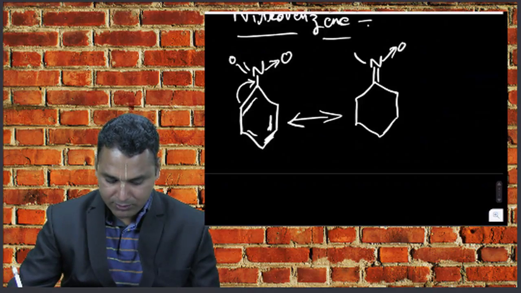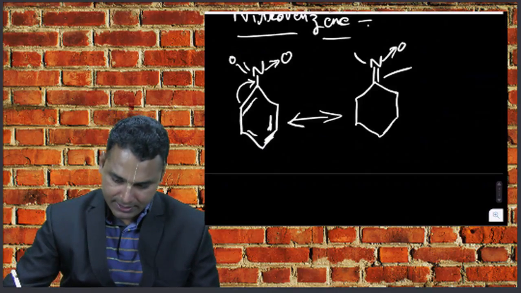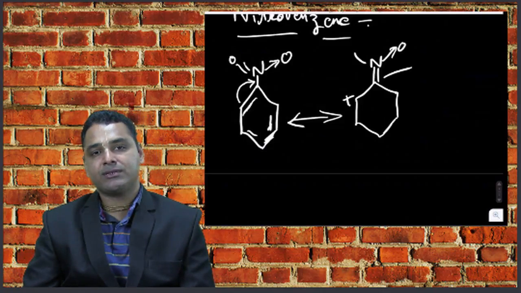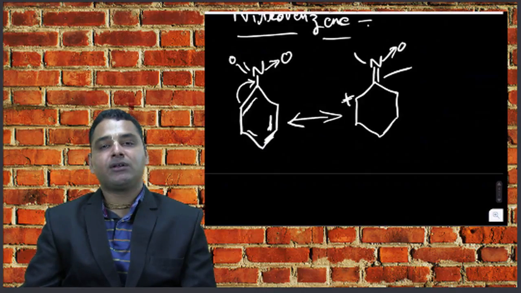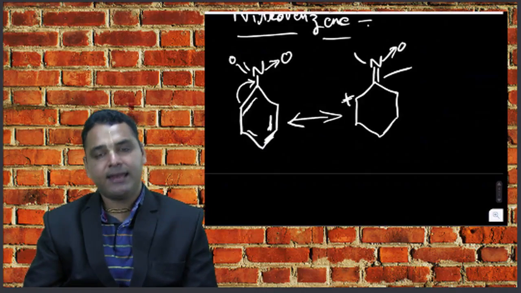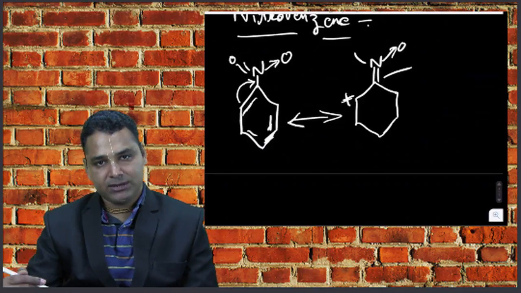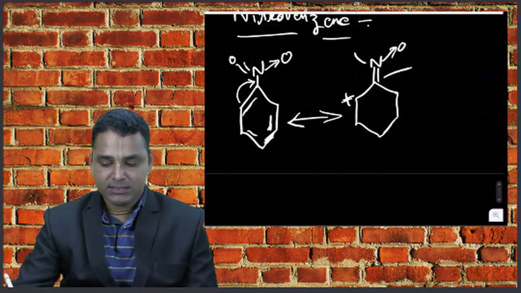Now the shifting took place, and here the plus charge is there because now there is a deficiency of electrons. So the electron density is getting decreased. Earlier it was increasing in the benzene ring in the plus R effect, but now it is getting decreased. So the plus charge is there.